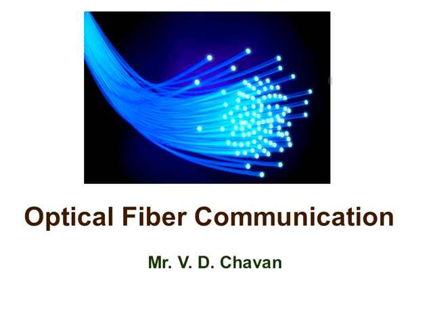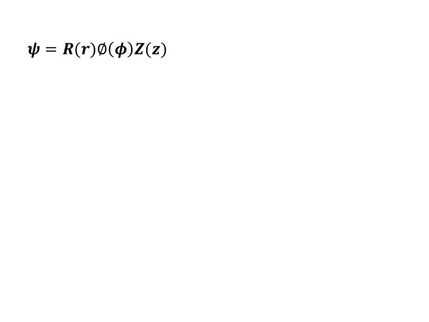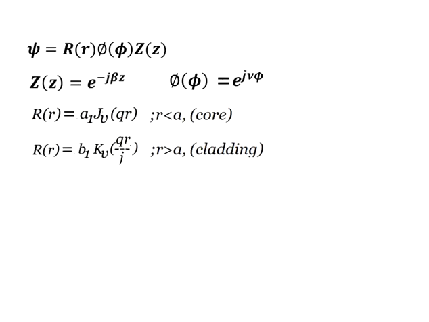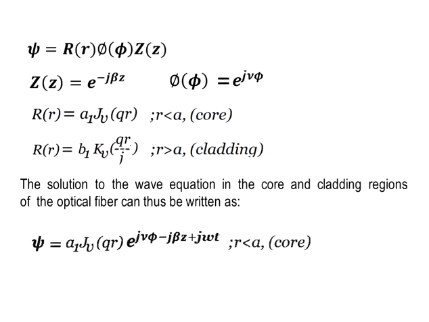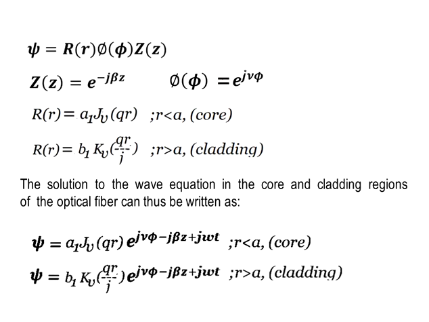In last lecture, we found the equation for the field inside optical fiber. We got the equation for inside core and inside cladding. The field inside the core is oscillatory in nature.